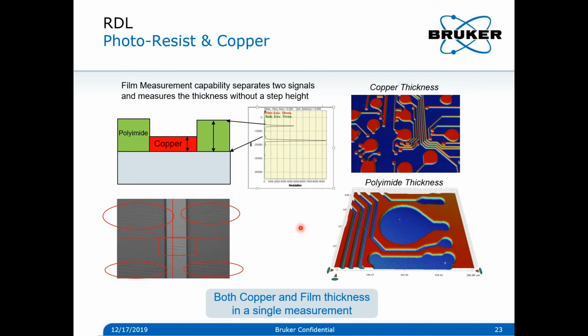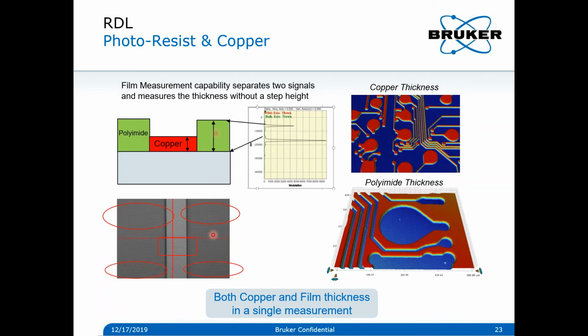For RDL, we also have, on some occasions, to measure the polyimide thickness, and this is where the white light helps in terms of transparent layers. So what we see is the light will be reflected from the top of the polyimide, like here, and we will also look for the light reflected from the silicon surface.